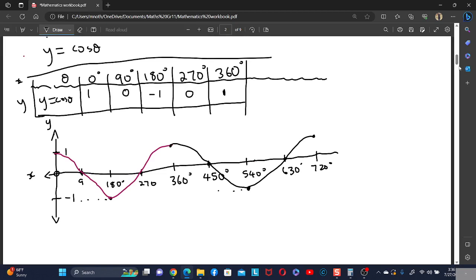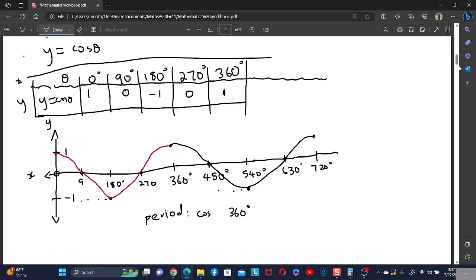So what does this mean? This means that the period of the cos theta function is how much? It is 360, because this function at every 360 is going to repeat itself over and over again.